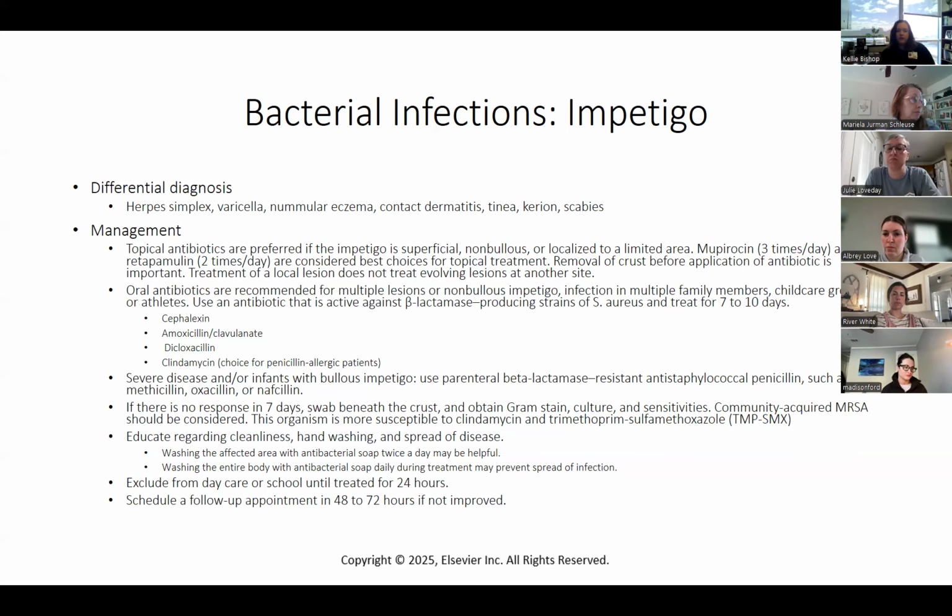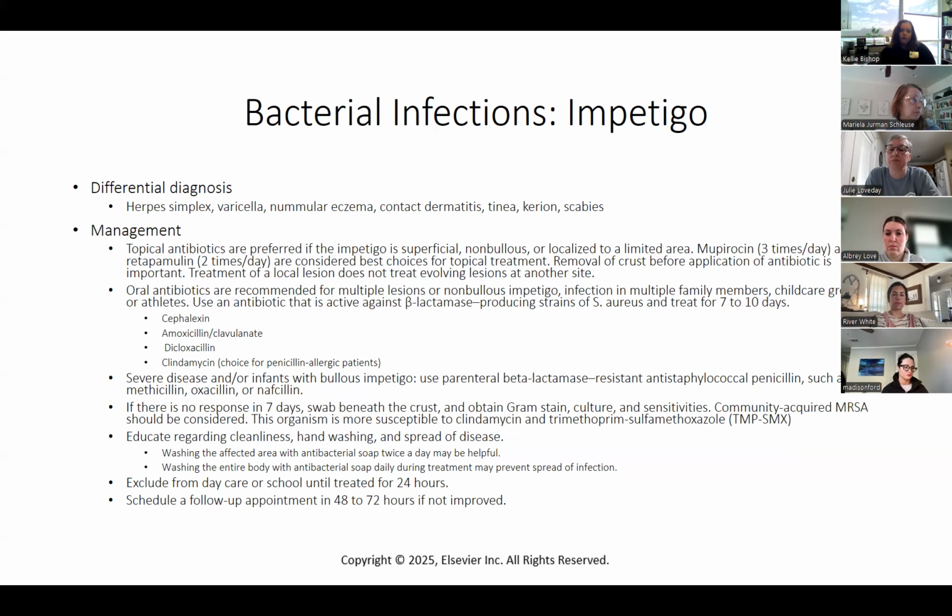You would get Keflex or Augmentin, regular amoxicillin, just other antibiotics. More and more, we're seeing a lot of our bacterial stuff that the guidelines don't explicitly state one medication is first line because susceptibility varies by region. So just know that what you want to treat with is the general antibiotics that treat beta lactamase.